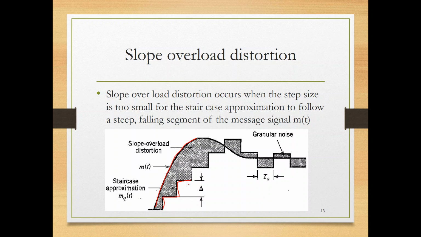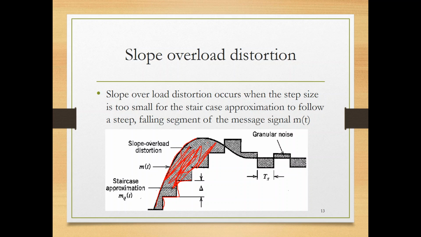So, the staircase function will not be close enough to your analog signal, so it will cause some error. This gap between the actual signal and the staircase is error, because you are getting a stair function which is a little bit far away from the actual signal, and all this shaded area is error.